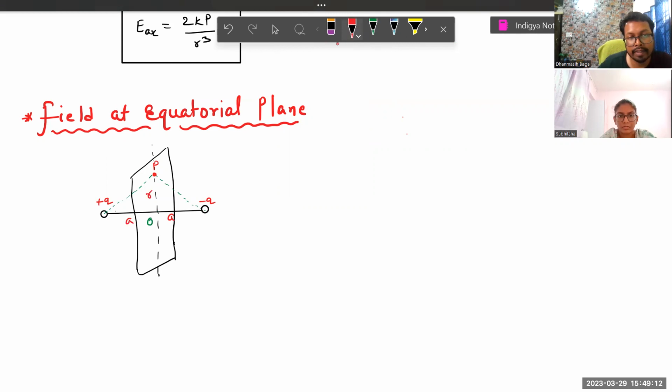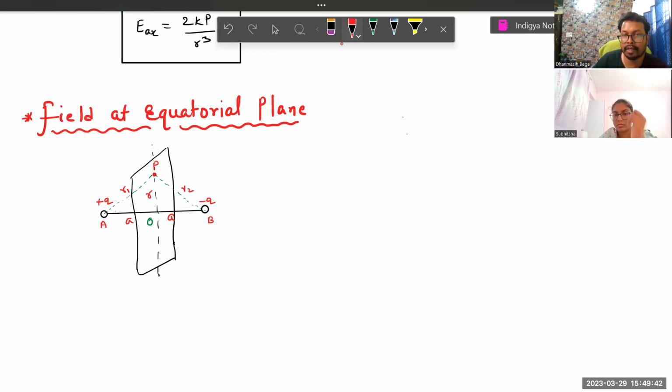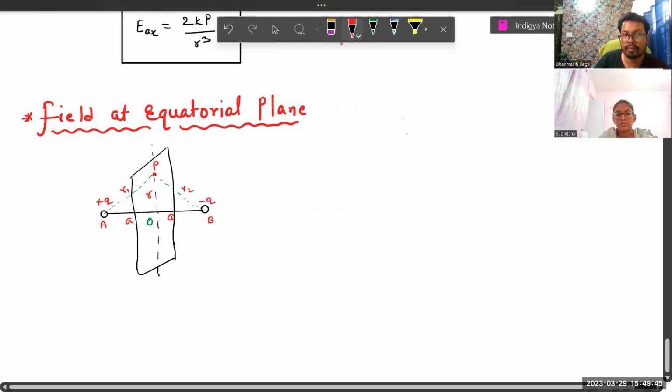This is a, this is a. Let us say this is A and this is B. What is the length of AP? It will be the square root of a square plus r square. Yes, correct. We will take this as r1 and this as r2, the distance of plus q from P and the distance of minus q from P. So r1 is equal to what?